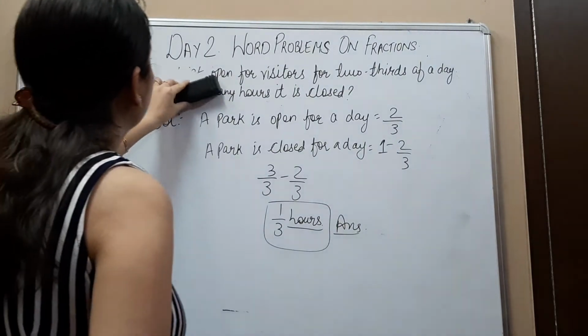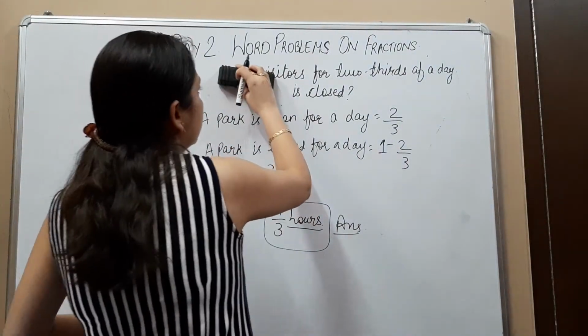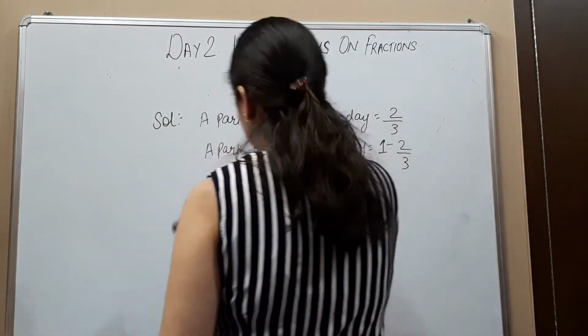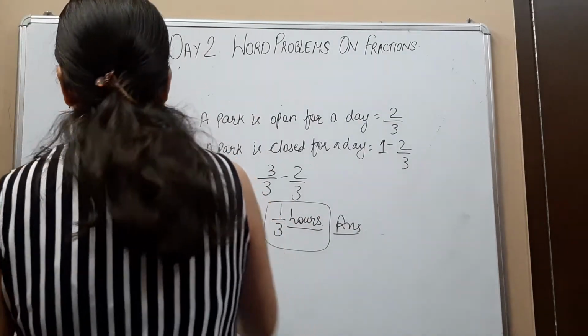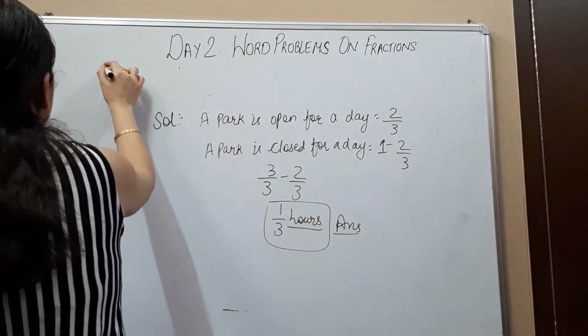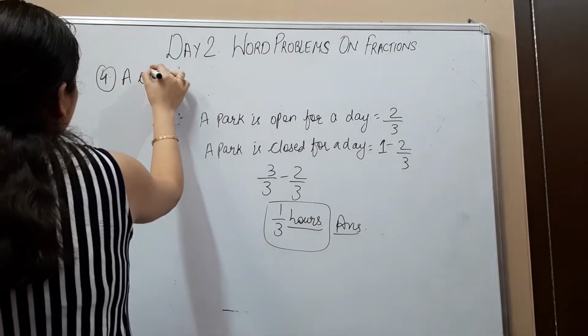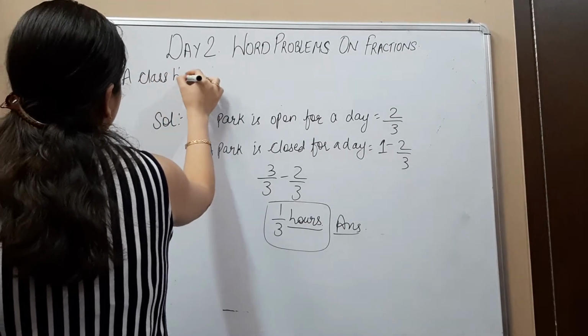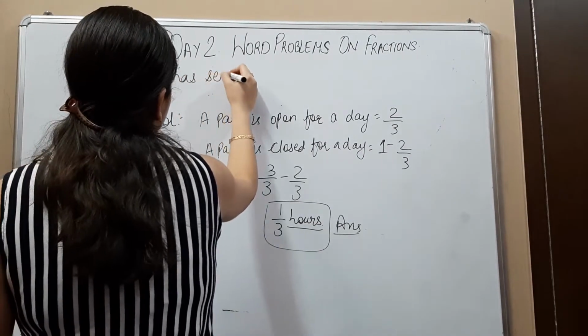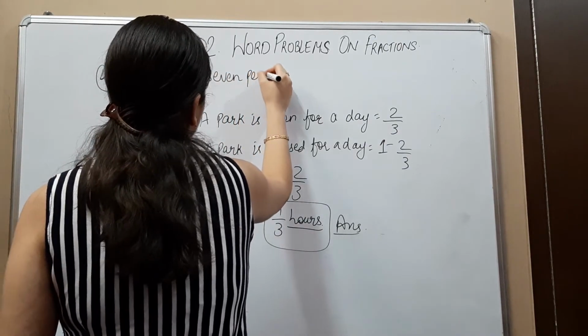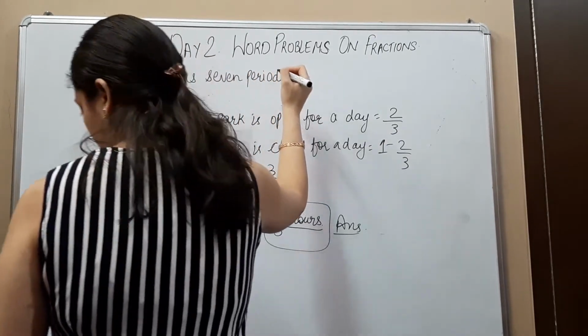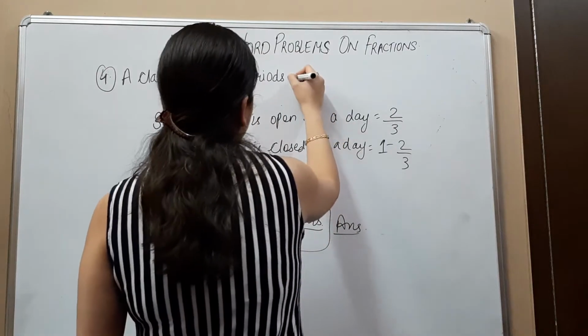Let's move to the next question. Number 4 is: a class has 7 periods in a day.